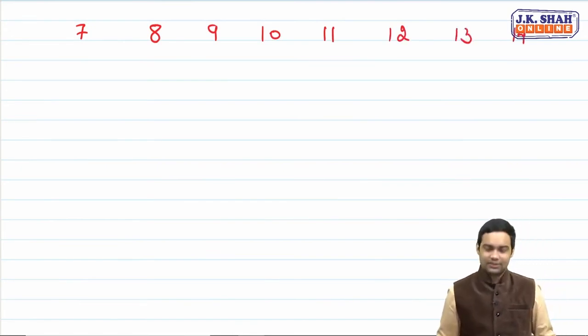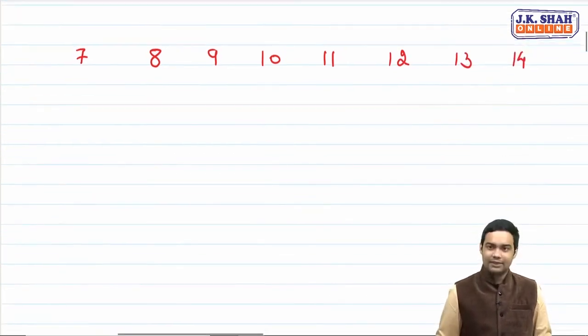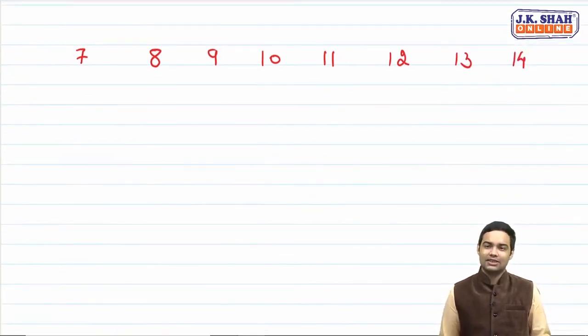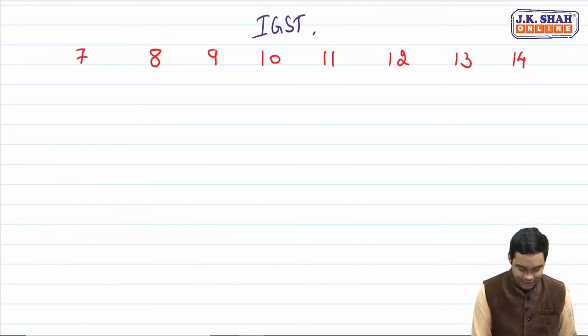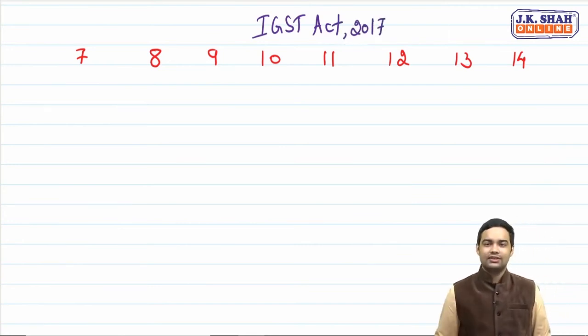These sections are the base of the consumption based principle. Section 14 is a special provision with regard to online information database access retrieval services, but the most important thing is all these sections come from the IGST Act. Our role would be to understand all these sections.